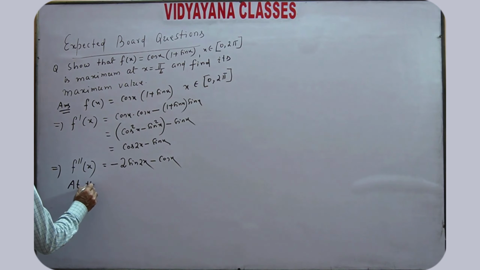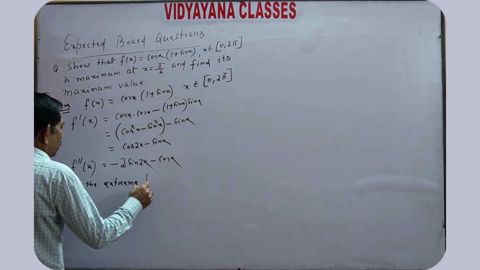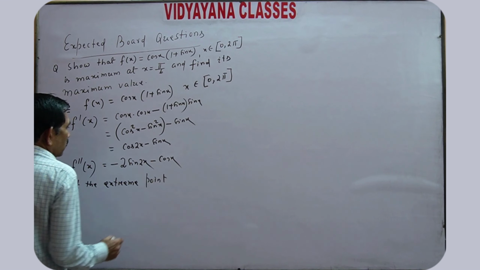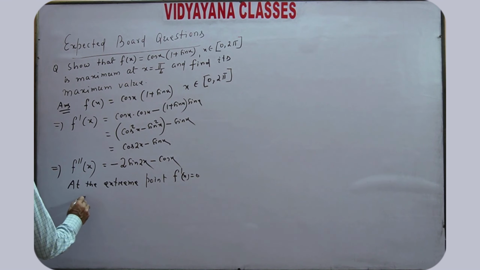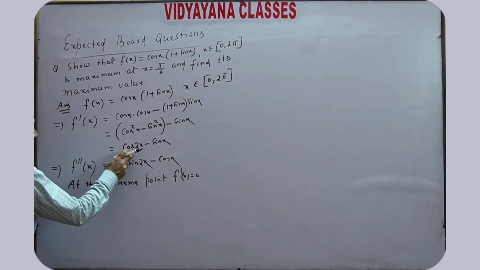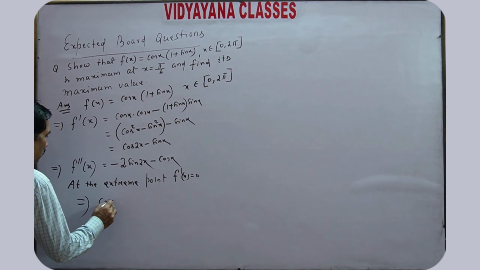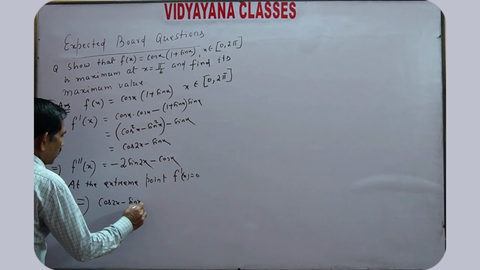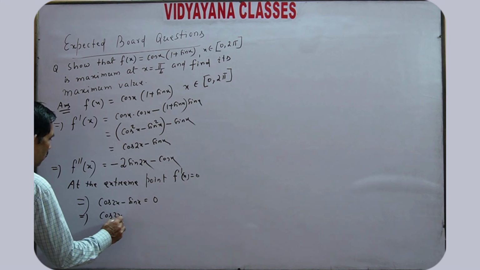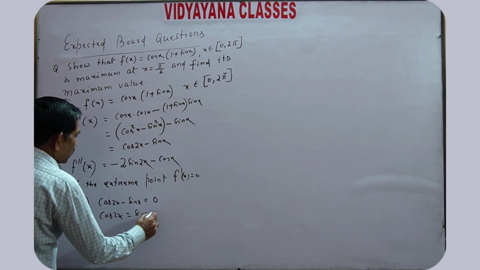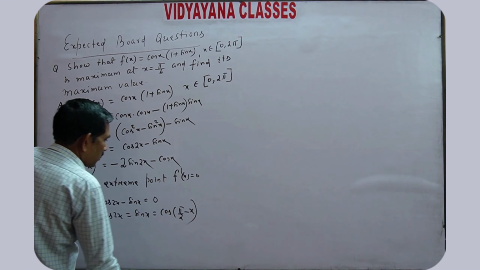At the extreme point, f dash x is equal to 0, which implies cos 2x minus sin x is equal to 0, which implies cos 2x is equal to sin x, which is equal to cos of (pi by 2 minus x).